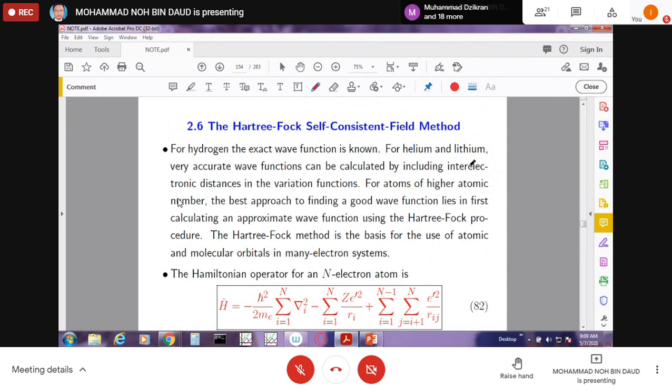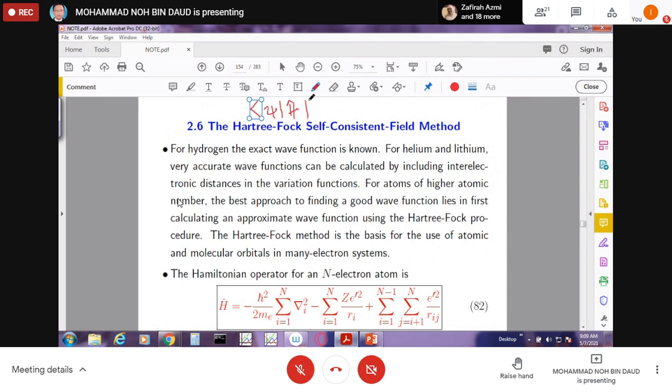The Hartree-Fock method uses an anti-symmetric wave function as its trial function. So we have the variational integral, and this is the Hamiltonian operator.